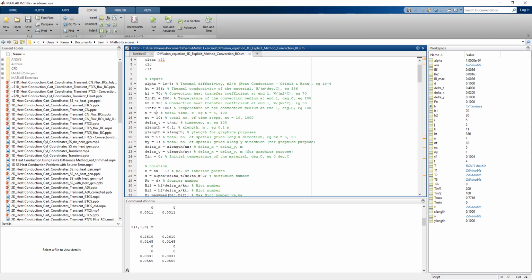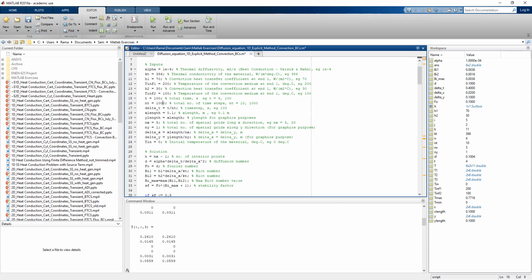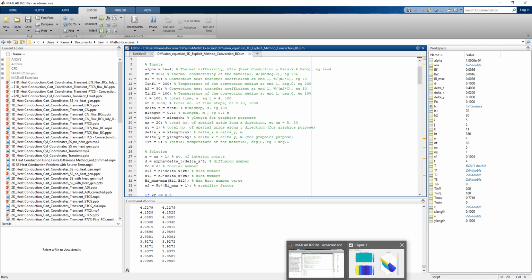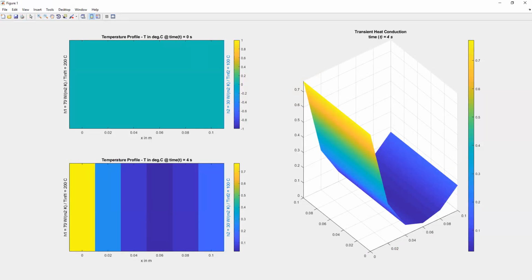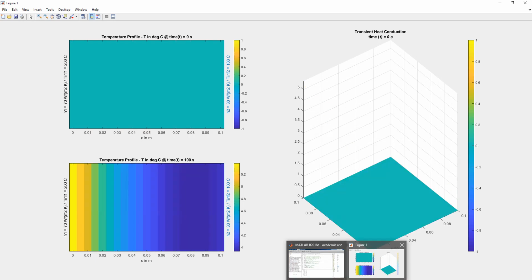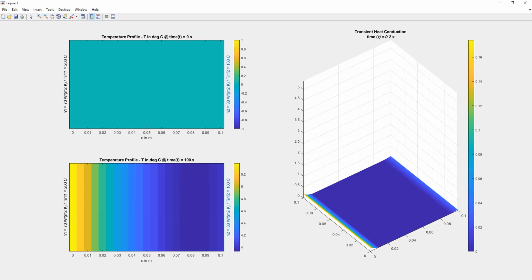For example, let's set the total time as 100 seconds, the number of time steps as 1000, and we'll increase the total number of spatial grids nx to 20 from 5. We'll run this again. Now the initial temperatures again are shown at the top left hand side.